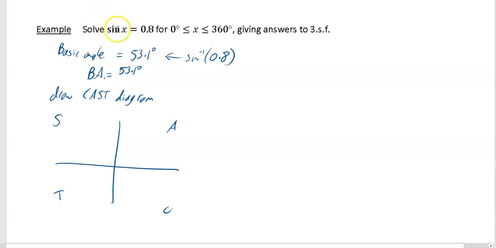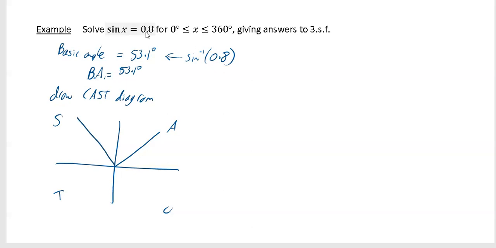Now, our sine was equal to positive 0.8. This is where it comes into play: sine is positive in this first quadrant, up here, and sine is positive in the second quadrant.